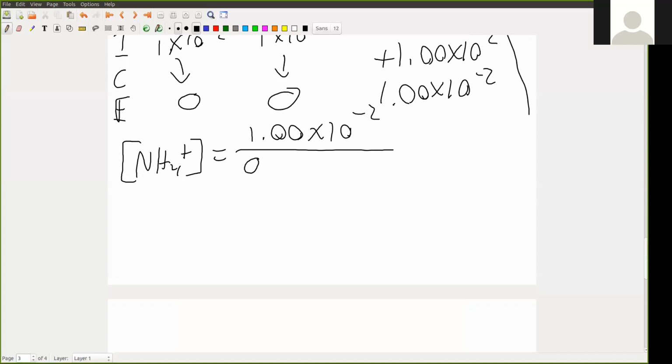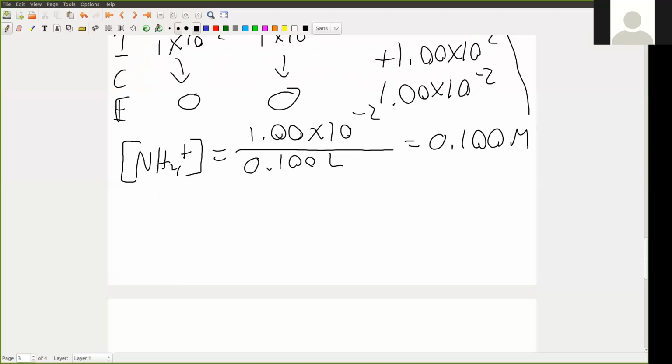So in this case, instead of being 0.05 liters, it's 0.10 liters. So once we do that calculation out, we find that our molarity is 0.100 molar of ammonium, which is half of what the molarity was for either the HBr or the ammonia, and that's what you would expect under these conditions.